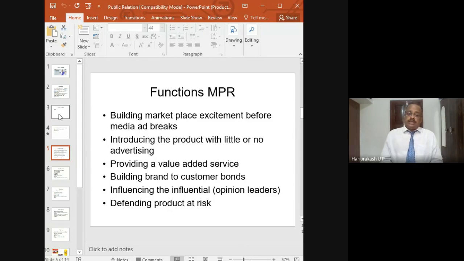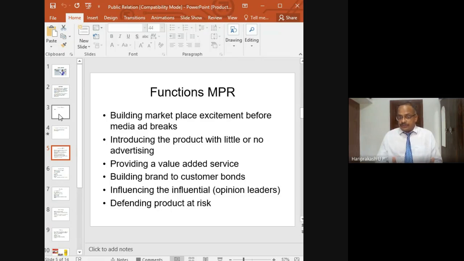Influencing the influential. In the market, there will be influentials, opinion leaders. I need not talk much about opinion leaders because we have discussed it in consumer behavior. Opinion leaders are the people who give opinions about certain product categories. So you can influence them through public relation.